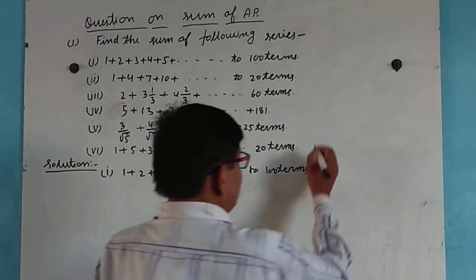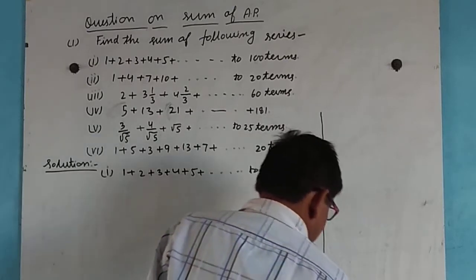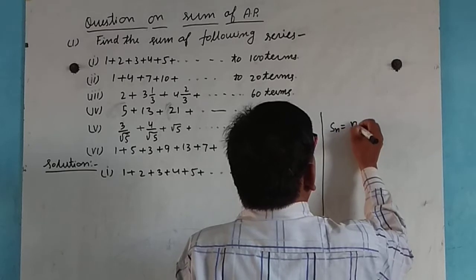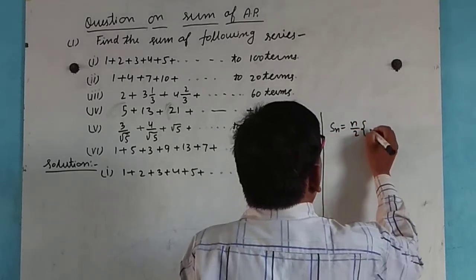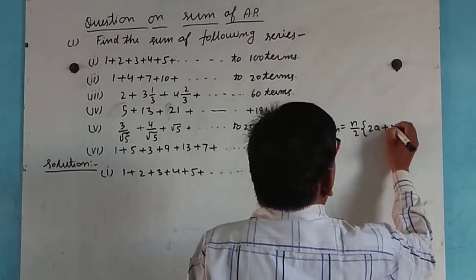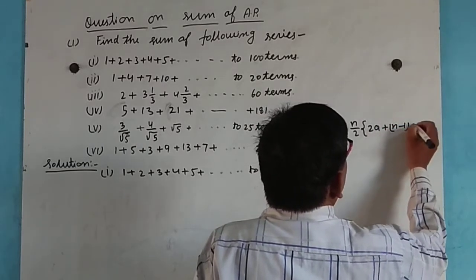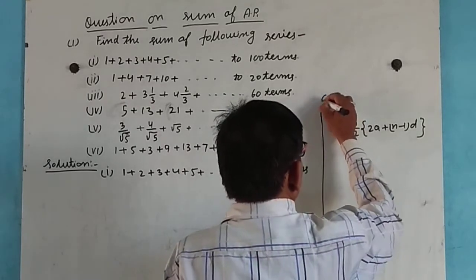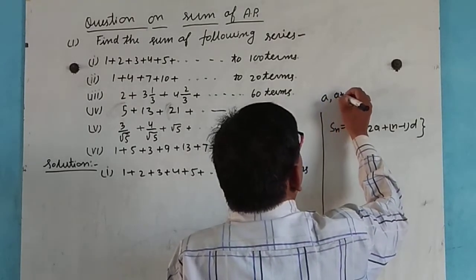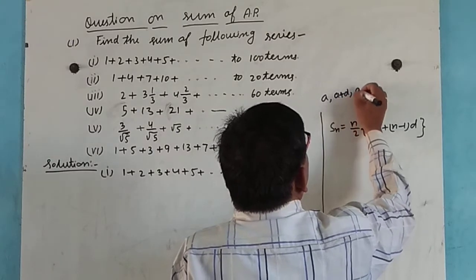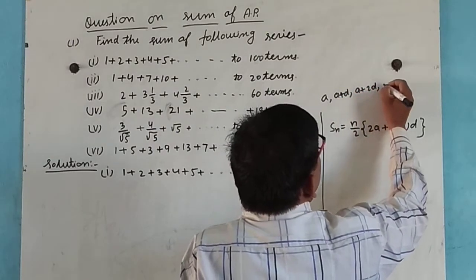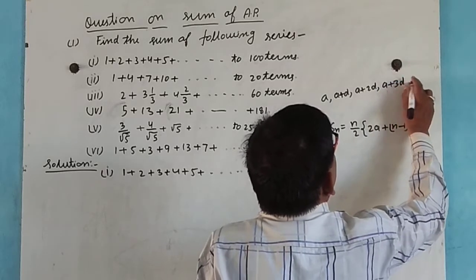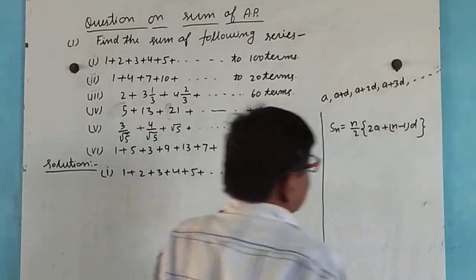As you know, we have two formulas for the sum of this. Sn equals n by 2 times bracket 2a plus n minus 1 into d, if the series is a, a plus d, a plus 2d, a plus 3d, and so on.